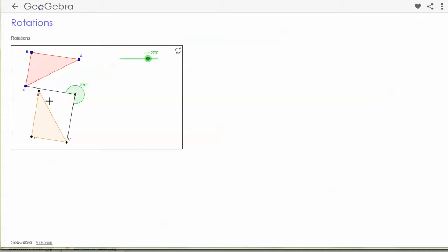For your book, unless they state otherwise, you're always going to be going counterclockwise. I'll show you in the next one.